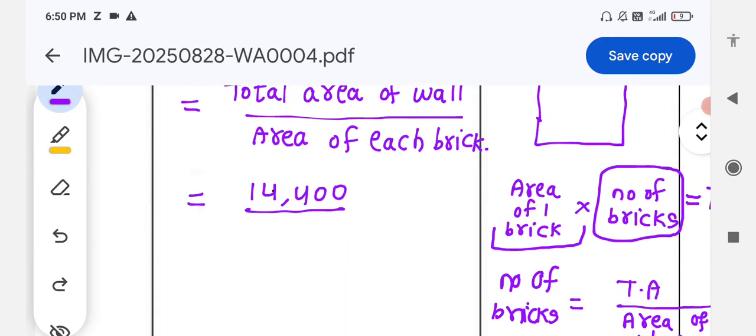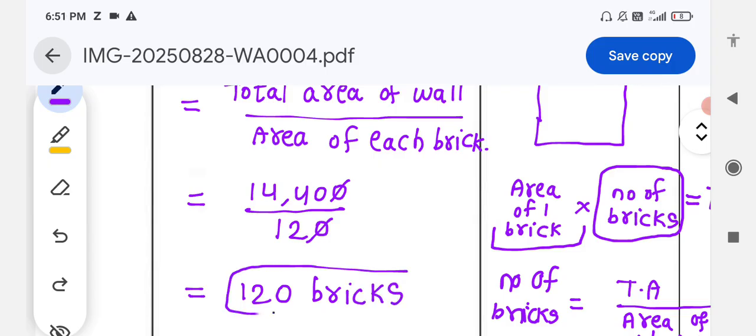Let us do the division here. The zeros get cancelled. 12 into how much is 144? 12 12s are 144, and here 10 is left. So these many bricks are needed to construct this wall.